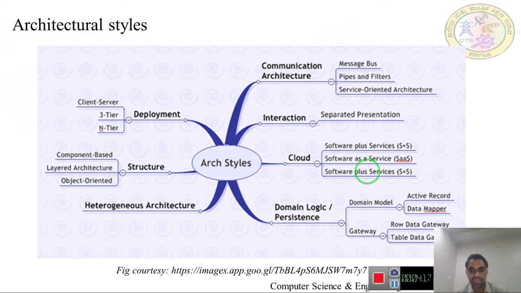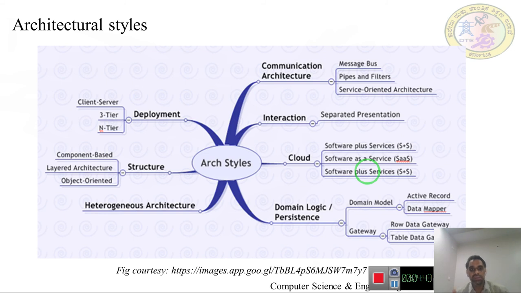Then architectural style also deals with domain logic. In the same way, it also tells how the execution environment of the system would be, which I would call deployment or implementation. It can be client server architecture, 3-tier architecture, or enterprise architecture.